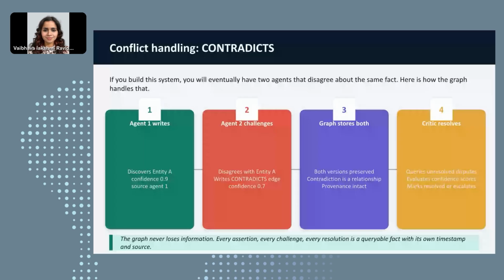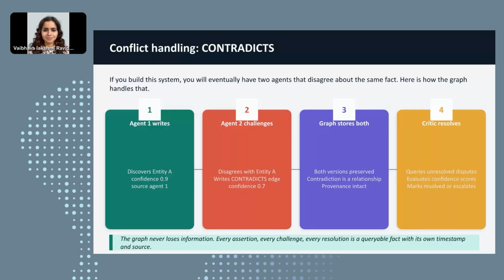Now, both versions exist in the graph. The contradiction is a queryable relationship. Then, the critique agent can run a query like, let's say, show me all unresolved contradictions ordered by confidence gap. Then it evaluates, resolves, and marks the winner, or it escalates it to a human reviewer.